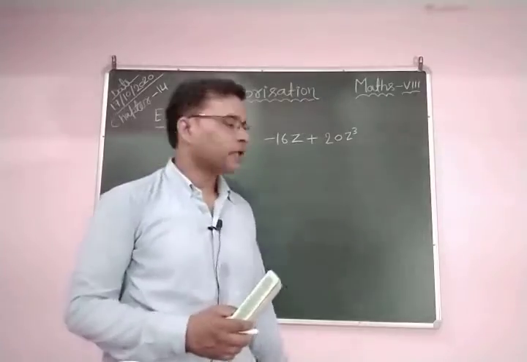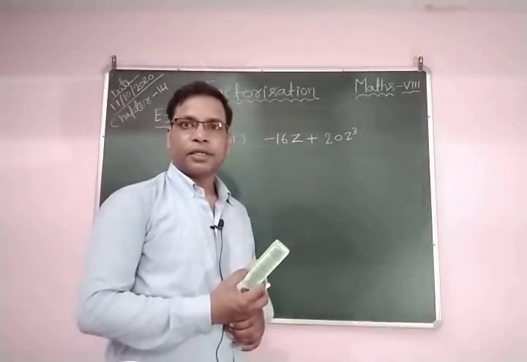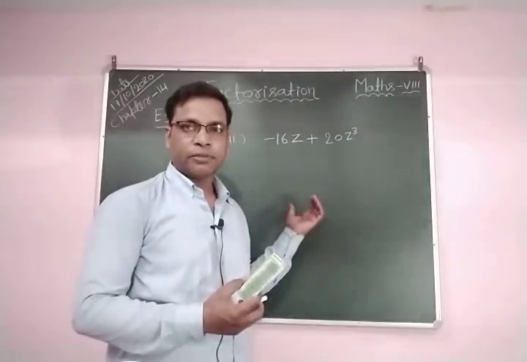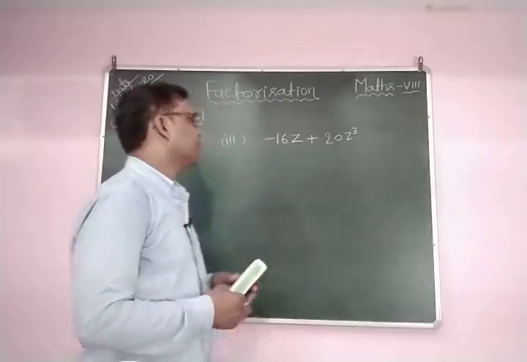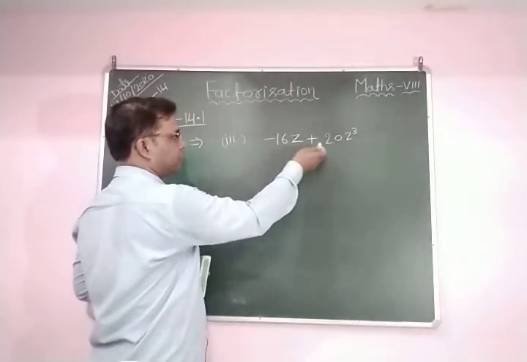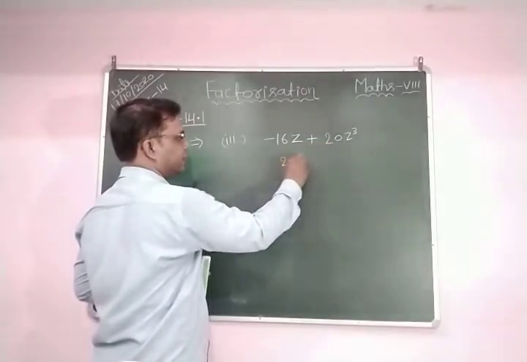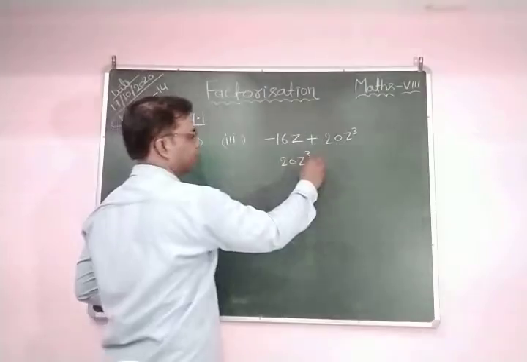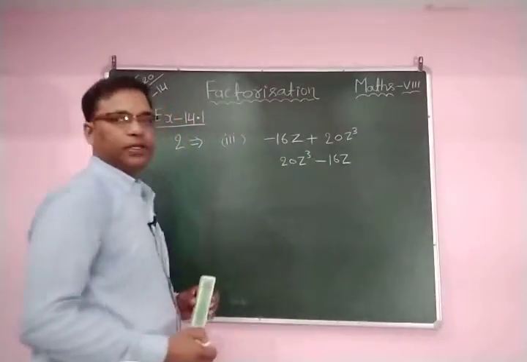First we write the product of irreducible factors. First we take minus common between them, or you can write it like this: 20z power 3 minus 16z.